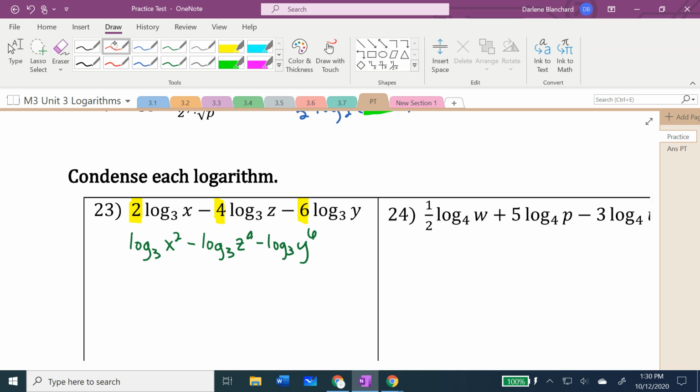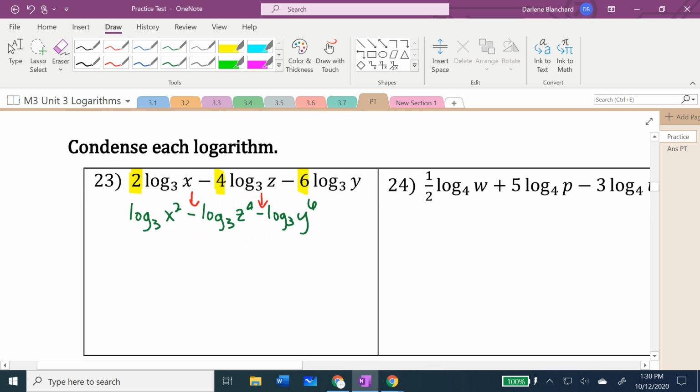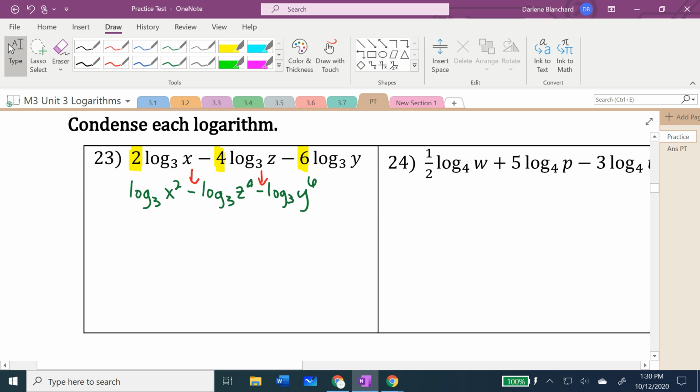Now, be careful. You have two subtraction signs. You either need to realize that that means they both end up in the denominator. Let me just do that. I'll write that out.